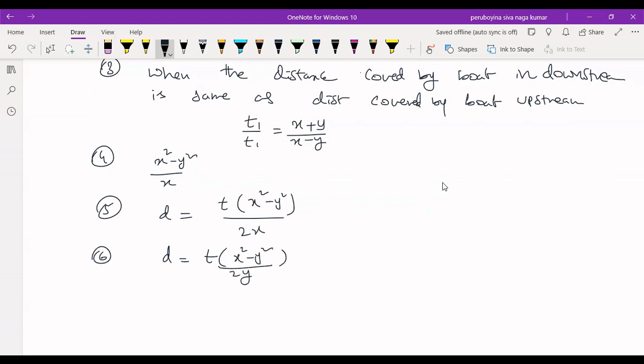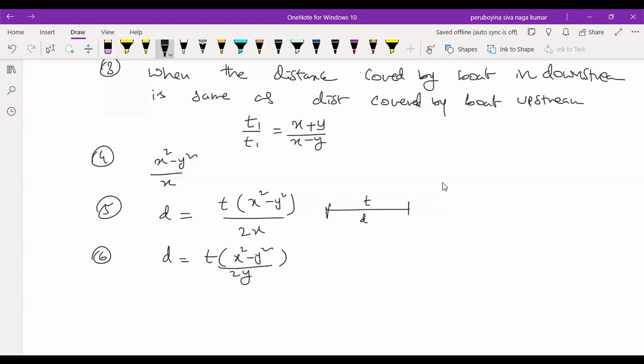Remember, the two formulas look the same. What is the difference between points 5 and 6? The fifth point is a boat takes t hours to row to a certain place d kilometers apart and return back. So the boat will go a certain distance d in some time t, and it is not mentioned that downstream time is more than upstream time or anything.